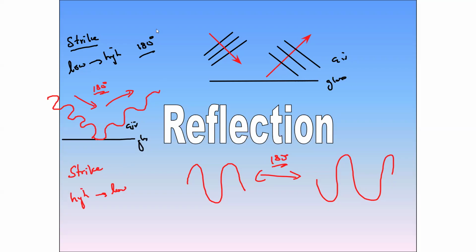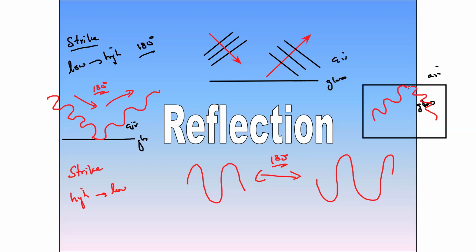So, say a wave is in glass and it strikes the air. When waves strike the glass to air boundary and reflection occurs, if the trough strikes, then what will the reflected wave be? It will start with a trough. Or if the crest strikes the boundary, the reflected wave will also be a crest.